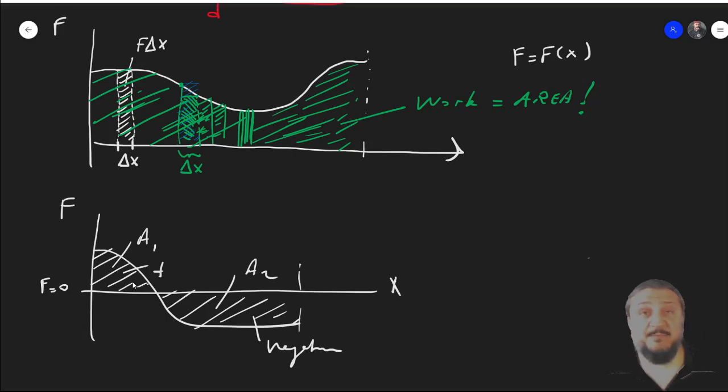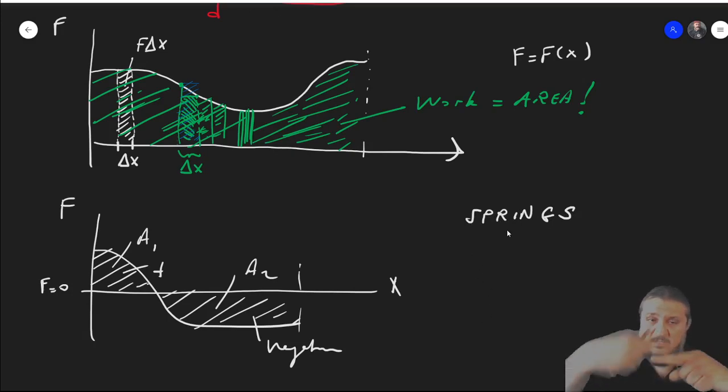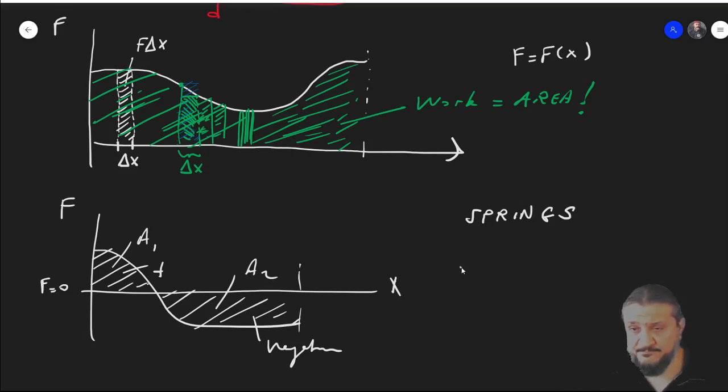A very good example of varying forces are springs. Okay, I'm talking about wires that are curled around a cylindrical core.